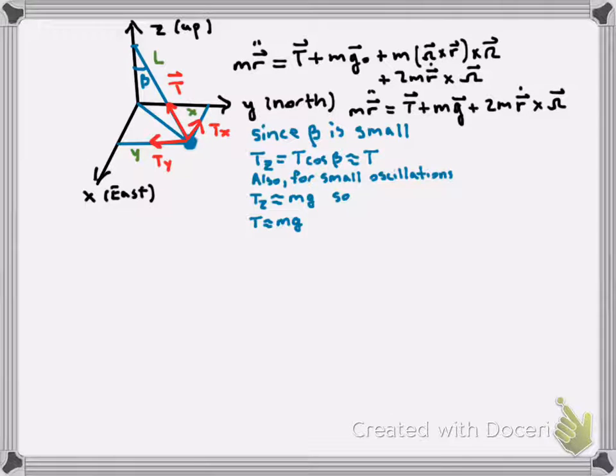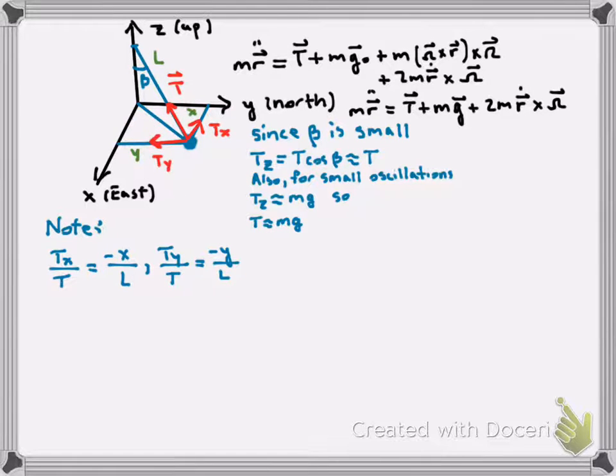The other thing to note is another way to express Tx and Ty, where we use this drawing. So from the drawing, we can see that Tx over the magnitude of T is going to be given by minus x over L, because geometrically, x over L has the same geometrical relationship as Tx over T. And so we say that Tx over T is minus x over L, the minus sign because this tension forms a restoring force.